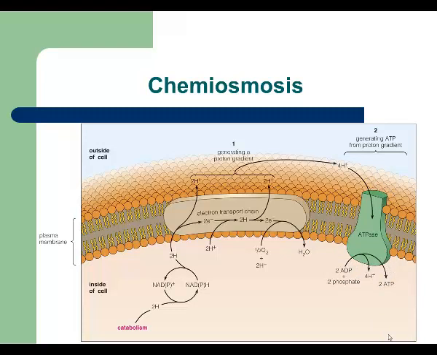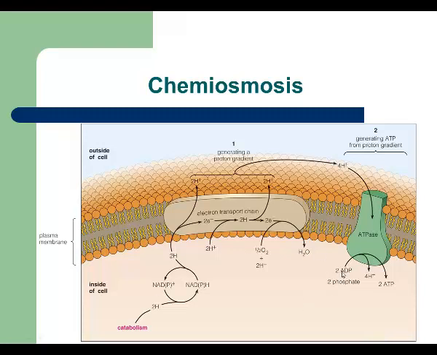When protons go through the proton channel, because they have a positive charge, they create a lot of energy. All that energy will be picked up by ATPase, which is the enzyme of the proton channel, and then it will be used for the phosphorylation reaction.